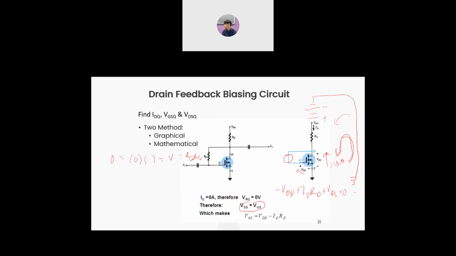Since VDS is equal to VGS, IDRD plus VGS equals 0. Then to find VGS, you just rearrange. So you're going to have VDD minus IDRD. So this is correct now. But if you take the loop here, there is also no problem. So be careful with positive and negative.